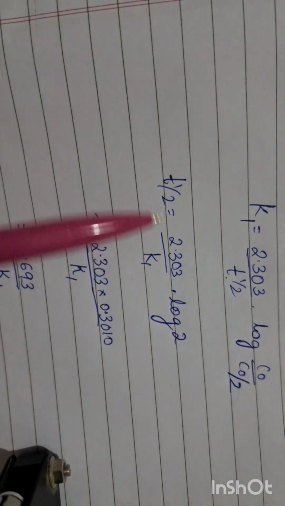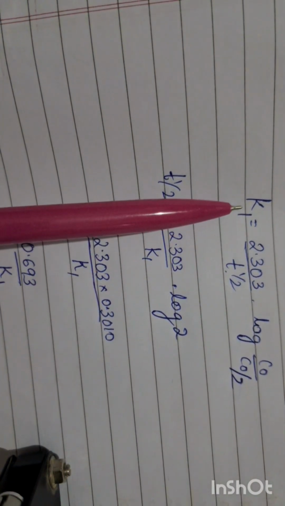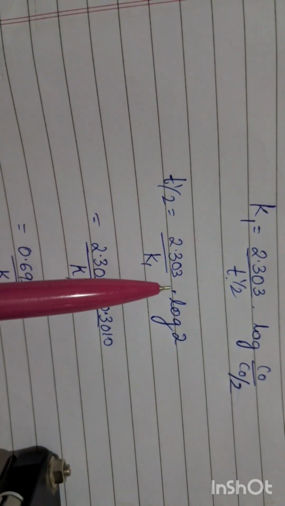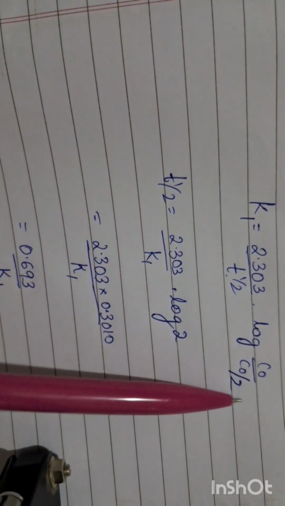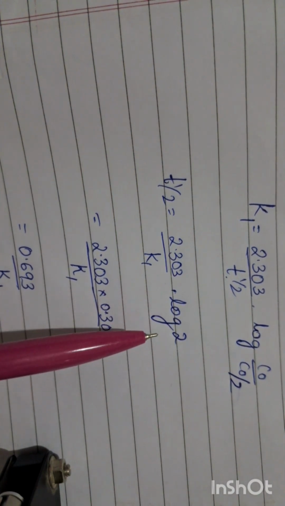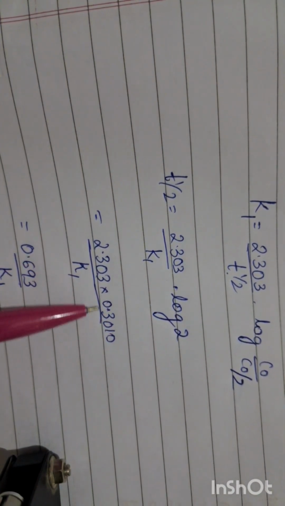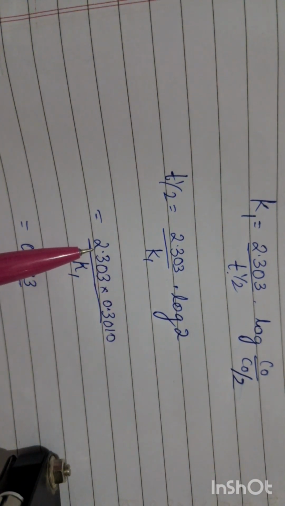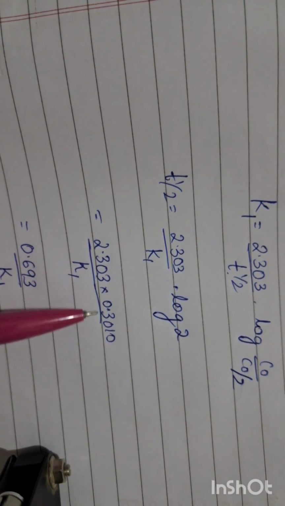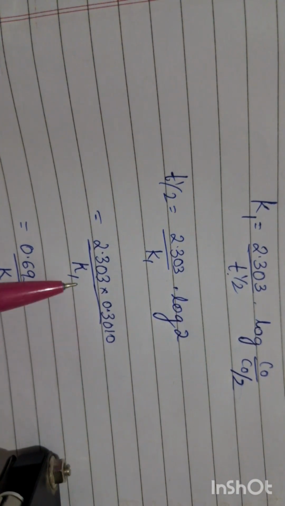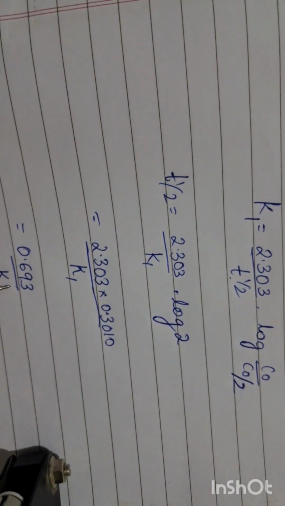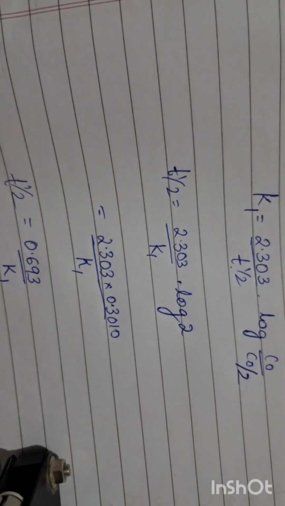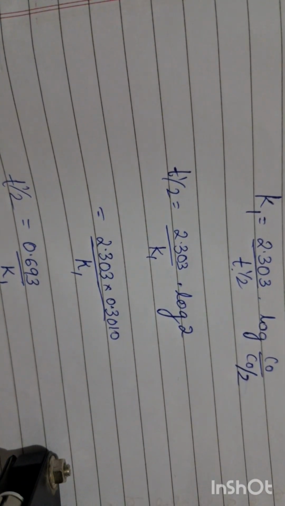So T half will be 2.303 by K1 into log 2. The value of log 2 is 0.3010. Multiplying 2.303 into 0.3010 gives 0.693, so T half is 0.693 by K1.